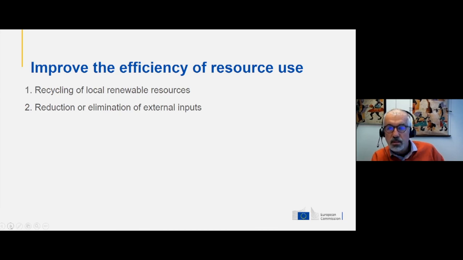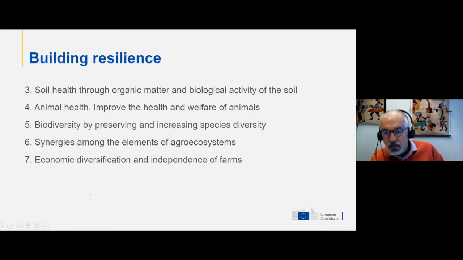There is also this question of elimination of external, chemical inputs, limiting costs and favoring the fertility of the soils.